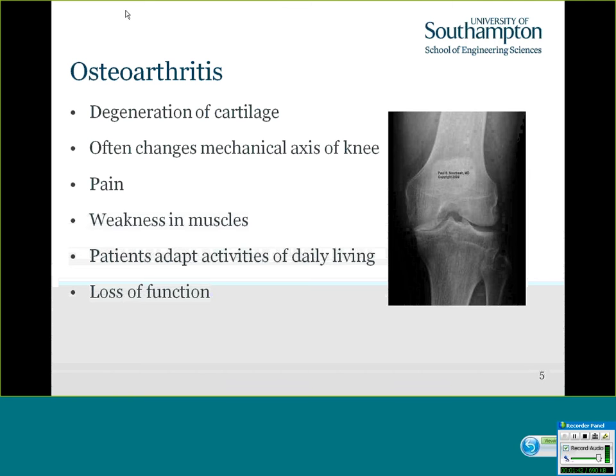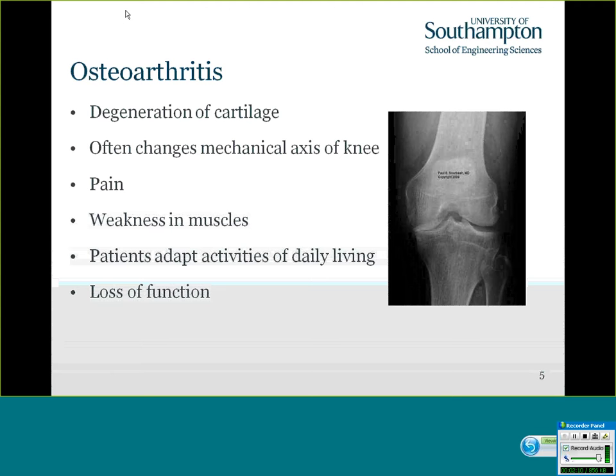Just briefly touching on osteoarthritis, for those who don't already know, it's the degeneration of the cartilage around the joint, and this degeneration often changes the mechanical axis of the knee. It normally causes a lot of pain for the patient, and pain is one of the main reasons for them to go in to have a knee arthroplasty. It also causes a lot of weakness on the affected side.